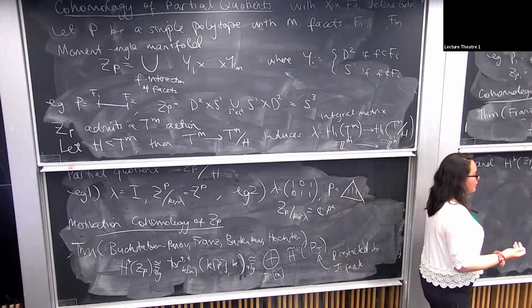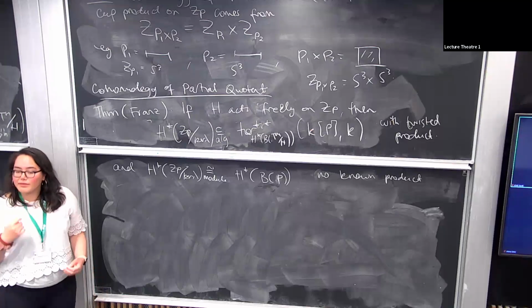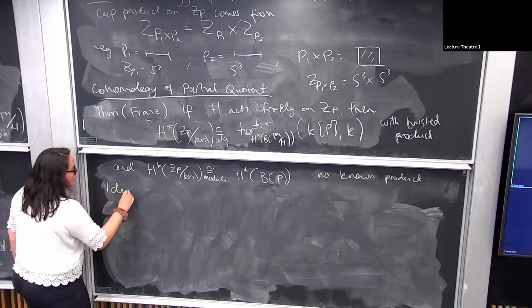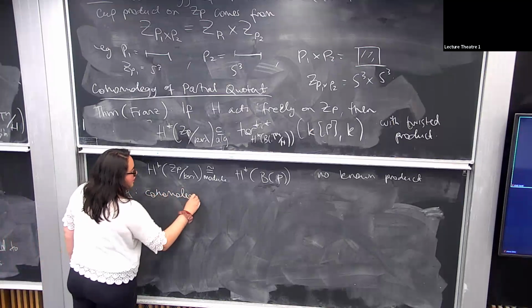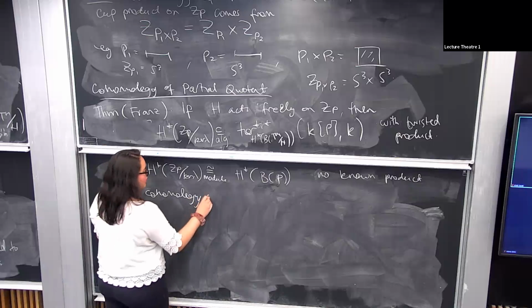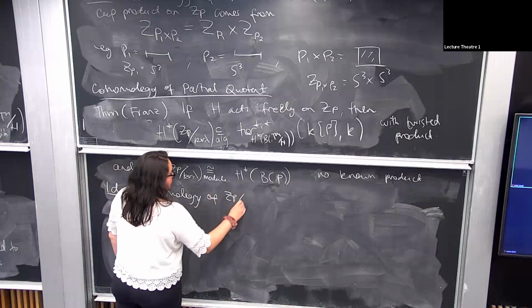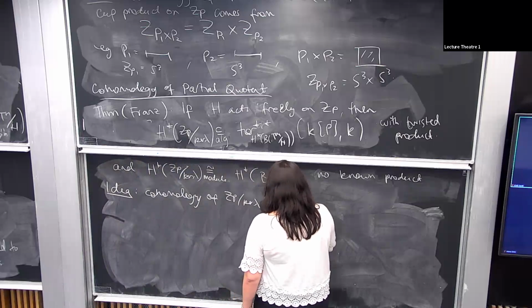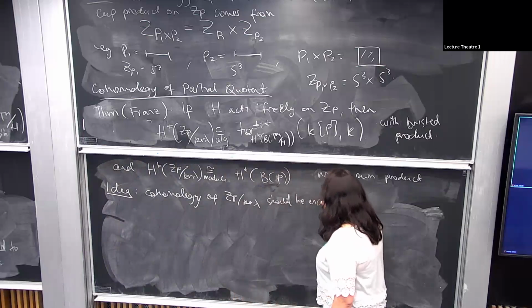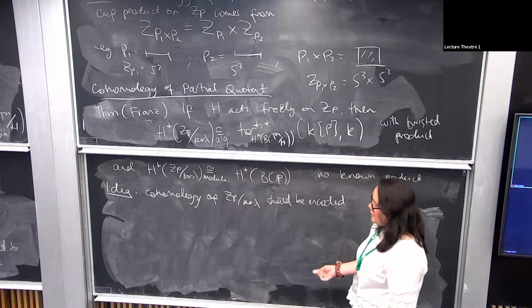So we're getting part of the way to the story, but not quite. This is where our approach comes in. We really think the idea should be that the cohomology of these partial quotients should be encoded in not just P, because that doesn't contain enough information, right?